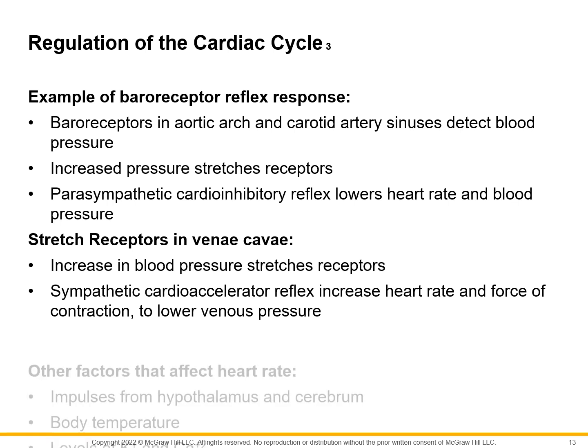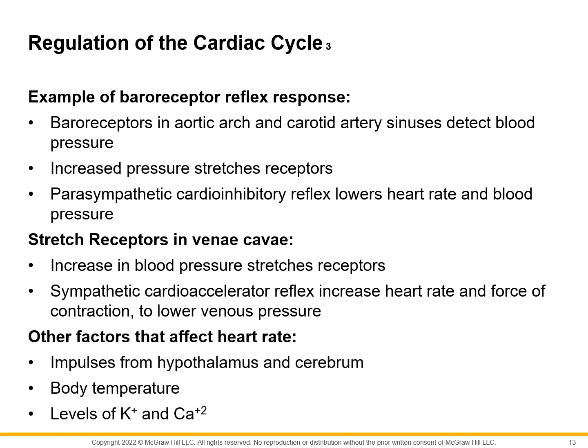Also, we have other factors, as I said, which are impulses from the hypothalamus and cerebrum. These are mainly psychological, and body temperature. Whenever the temperature increases, this will also lead to an increase in the heart rate, and the level of potassium and calcium. As I said, both of them will change the heart rate and may lead to arrhythmias.